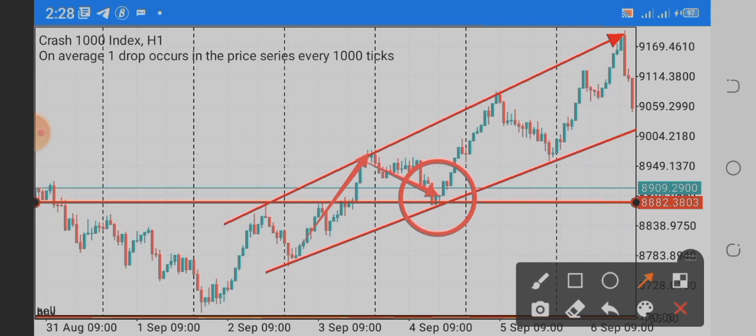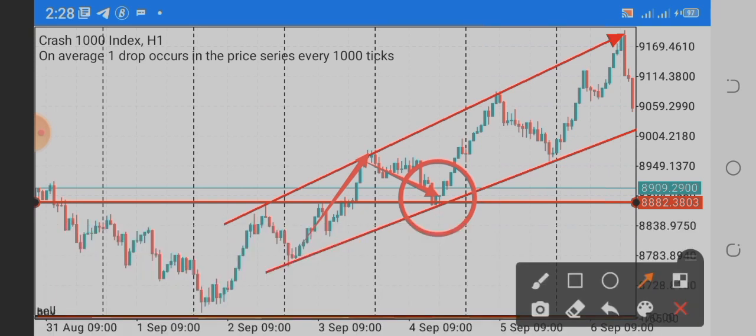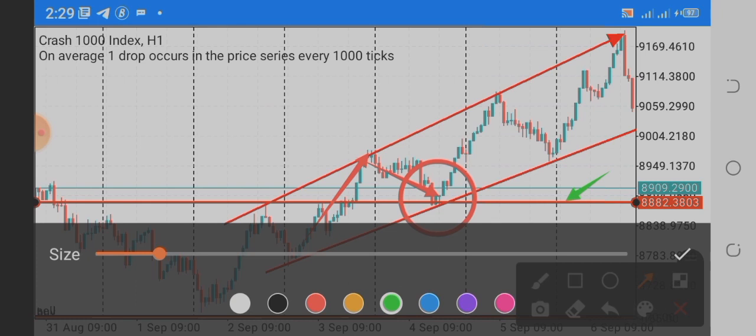I think you can see that, and within this support level, this line here, this is our support. So this support meets with a trend line, where they meet together.